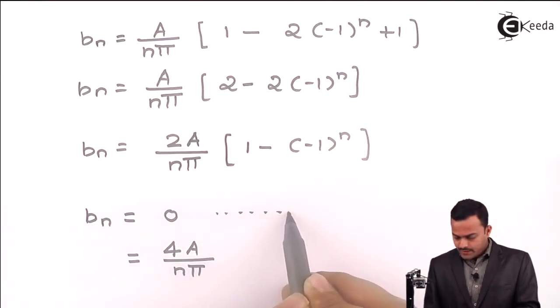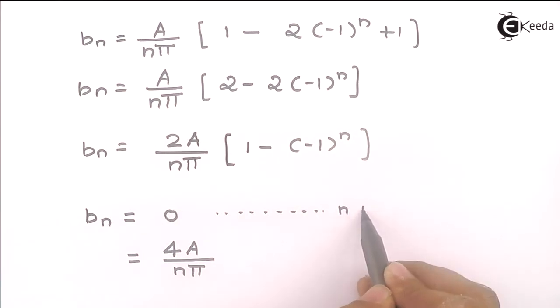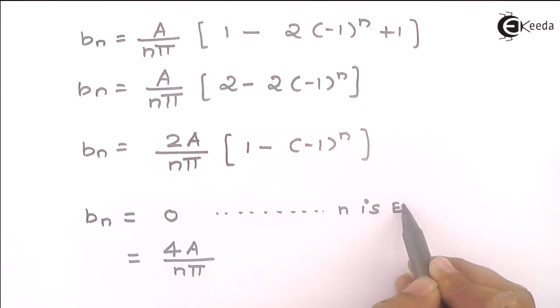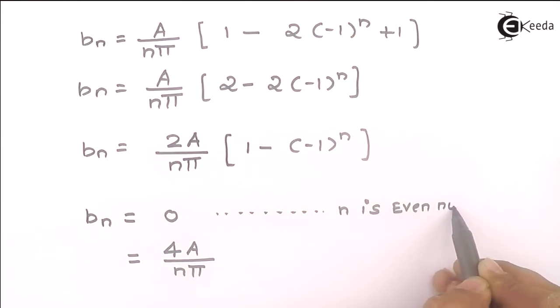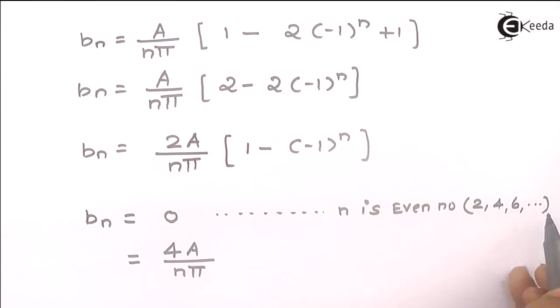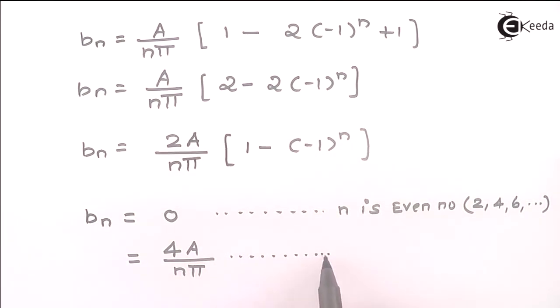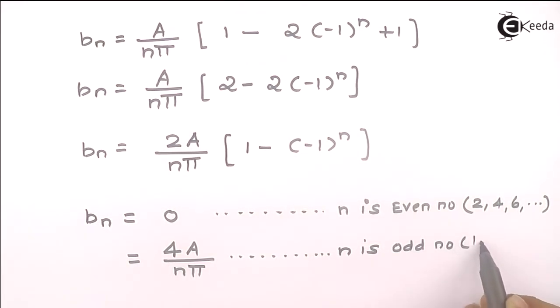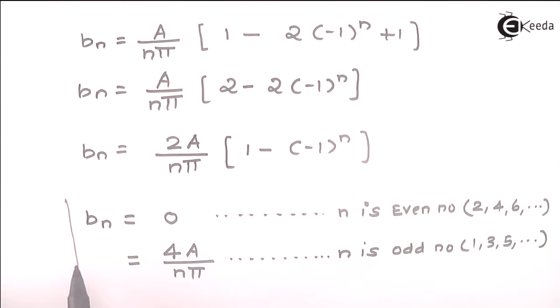But I'm getting Bn as 0 if n is an even number, meaning 2, 4, 6 likewise, and I'm getting this answer 4a divided by n pi if I have n as an odd number, meaning 1, 3, 5 like this. So in the end I can say Bn having this answer.